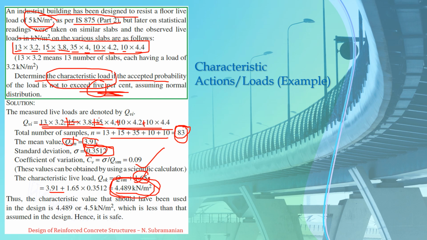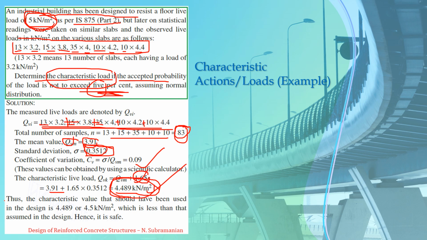Now see here, our characteristic load we observed is 4.489 kilonewton per meter square, whereas we used a load of 5 kilonewton per meter square in our design. So the magnitude of load that we used, 5, is greater than the actual value of the characteristic load. So since in design we have used a comparatively higher magnitude of load, our design is assumed to be safe.